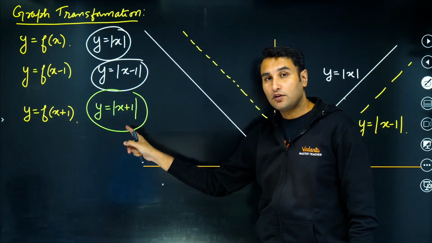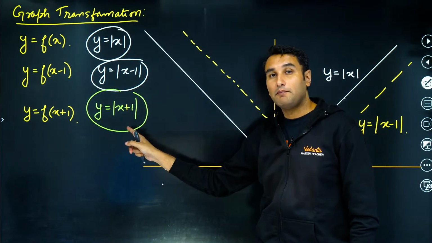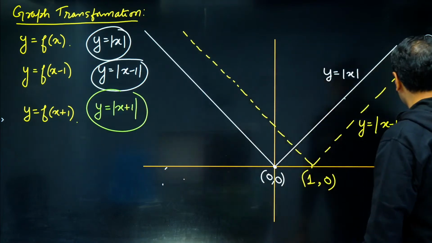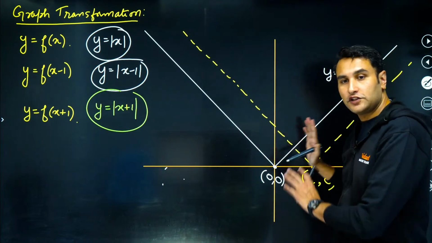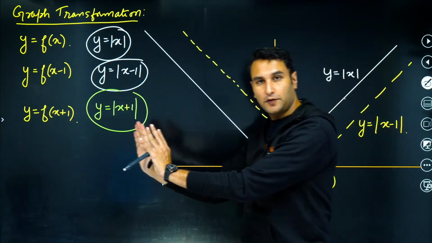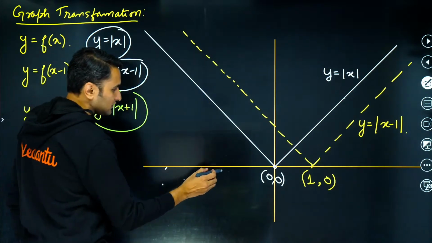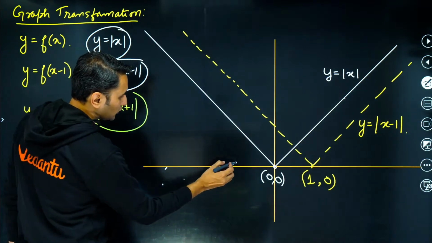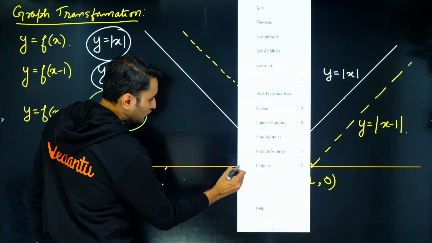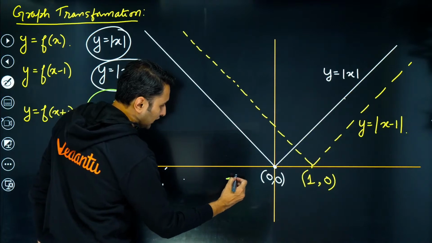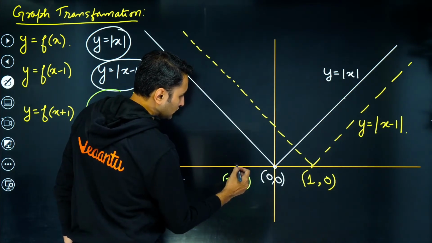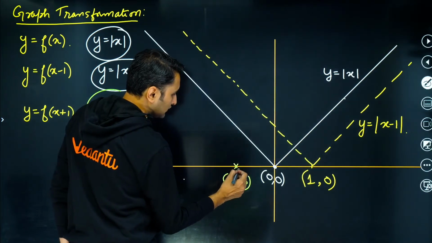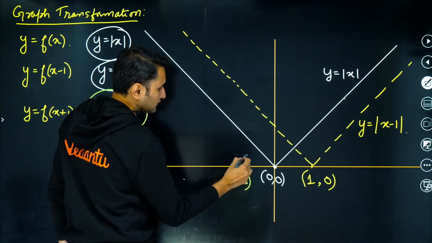X is equal to minus 1, correct. So this entire white graph will shift towards the left hand side in this particular case, and it will look like this. Shifting it to minus 1 comma 0 here, and it will look like this.